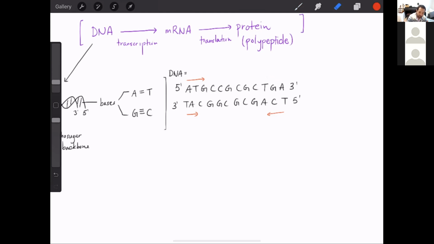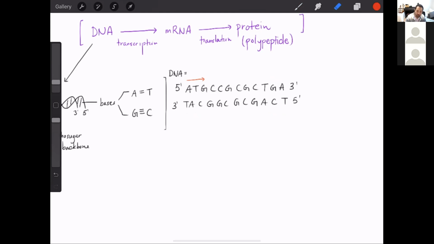So I'm going to get rid of these 2 arrows here that are never going to be feasible ways in which we read DNA. As long as you're reading from 5' to 3', you're okay. That's the way that information is encoded. So either one of these would work, but for the purpose of this example, I'm just going to say that the top strand, ATG, CCG, CGC, TGA, is the information that is coded in this DNA.